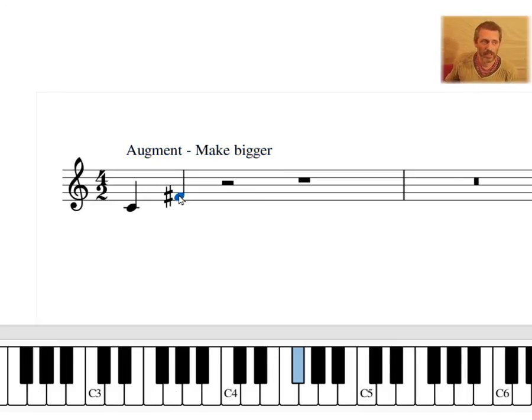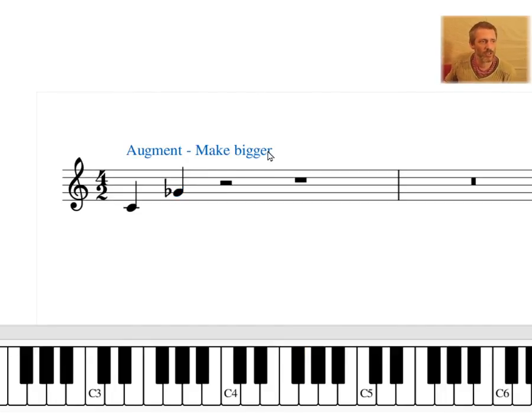If we respelled that, instead of calling it an F sharp, we're going to call it a G flat. So it's still the same note. But if we're counting our steps, we go C, D, E, F, G. Now it's got to be a fifth. But it's not a perfect fifth, because we know that should be a G natural.